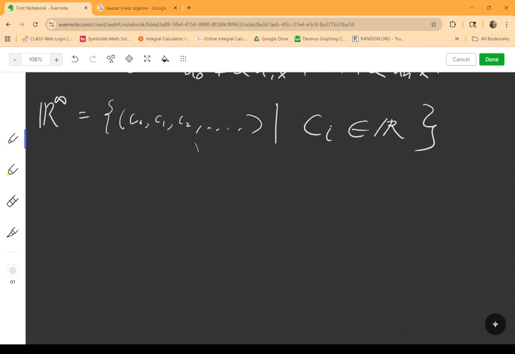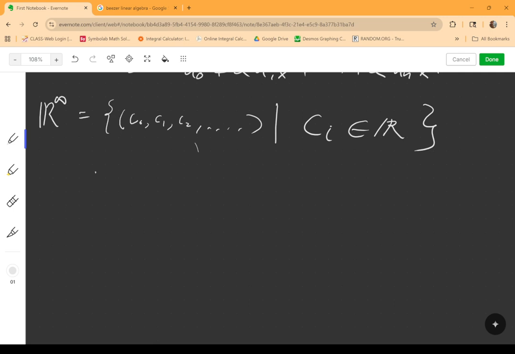Now, these elements don't necessarily need to be finite. We can also define the vector space of infinite sequences. Not column vectors, but a sequence that would look like c0, c1, c2, etc., such that the c sub i's are just real numbers. So this set is all of these infinite sequences. What does it mean for two sequences to be equal?